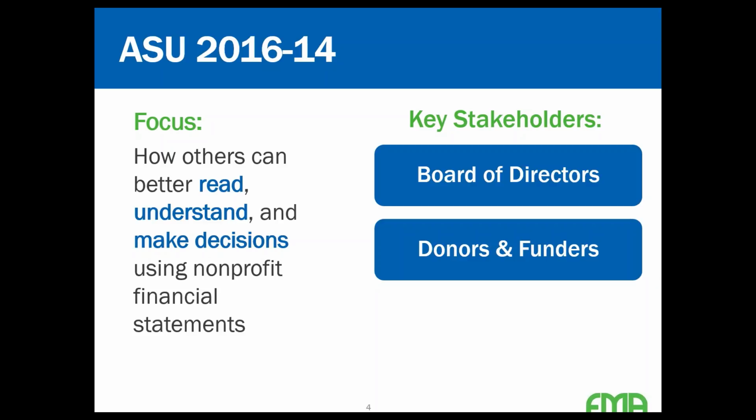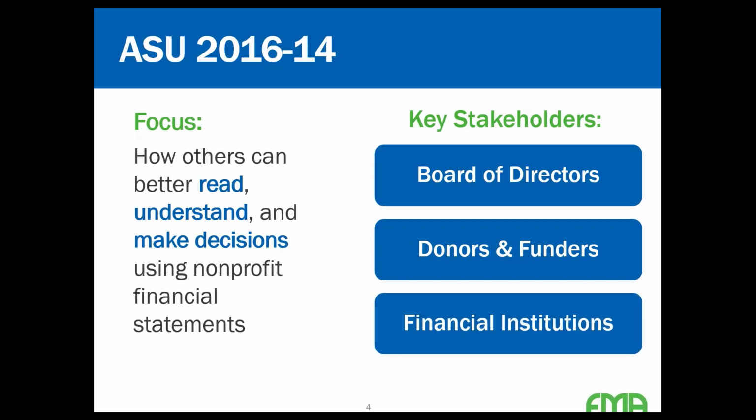The last stakeholder that we see as being critical to the conversation are financial institutions. And these financial institutions may be those that you have loans with, or in a world where investments are becoming much more creative, perhaps there are partnerships with CDFIs.